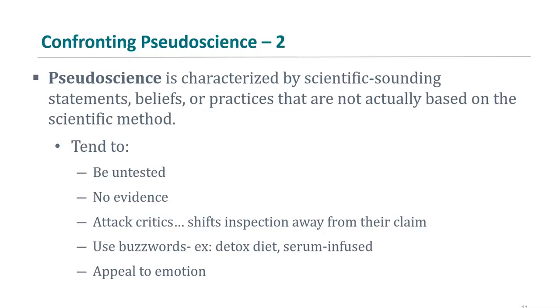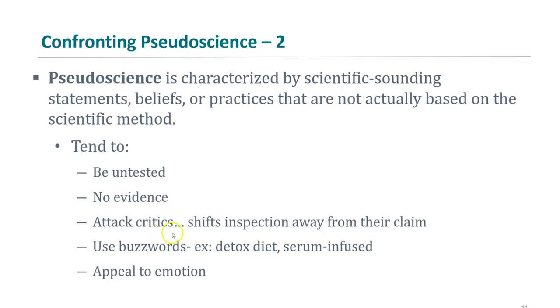It's usually untested assertions a lot of times. So as it says here, they tend to be untested, right? So there's no experimentation behind there. Because there's no experimentation, there's no evidence. A lot of times they will attack critics.